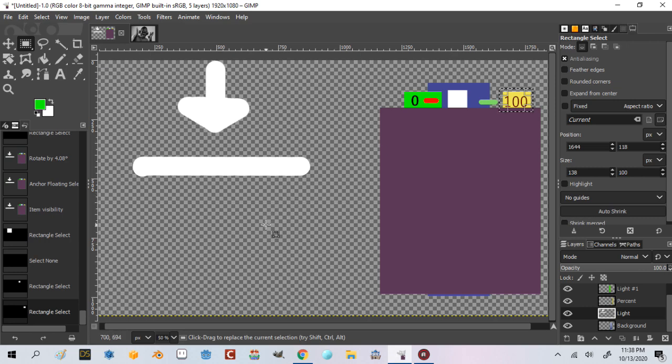Now, what do you think would happen if that incline was, say, 10%? What do you think the amount of brightness and percentage would we be getting? Go ahead and pause the video if you need to and take a guess.